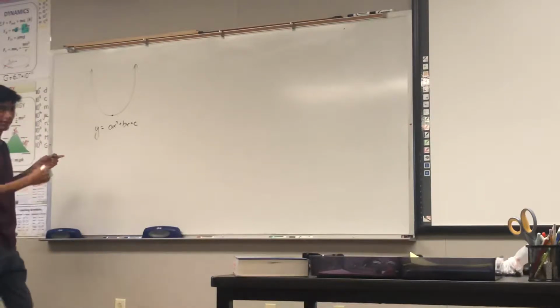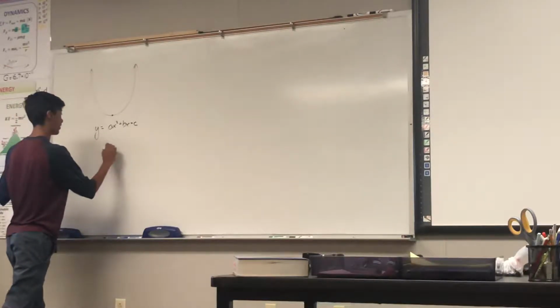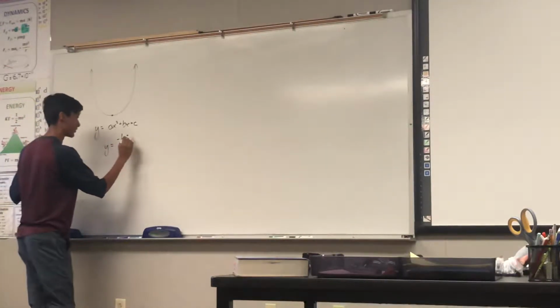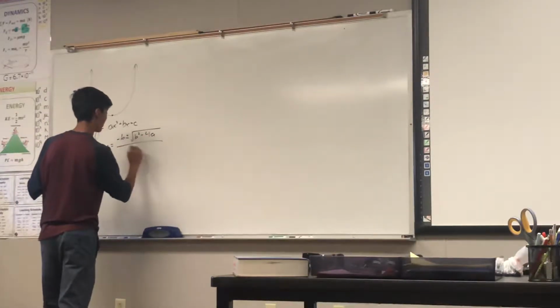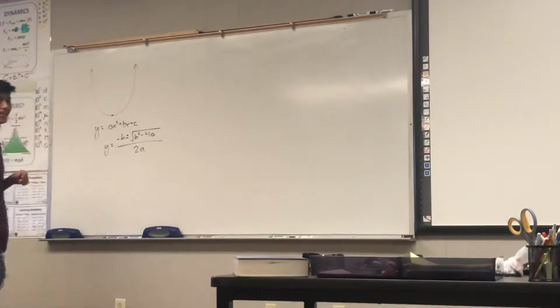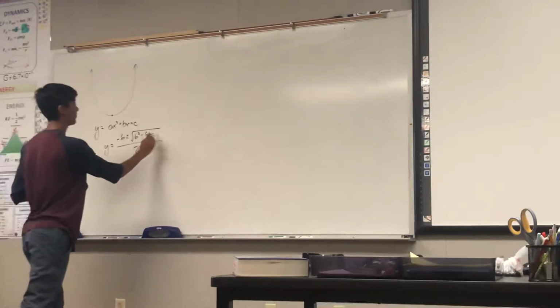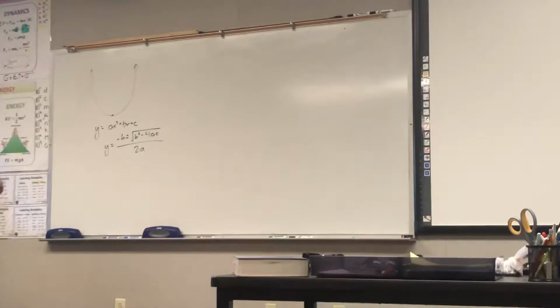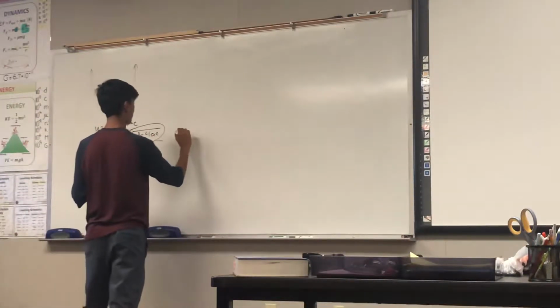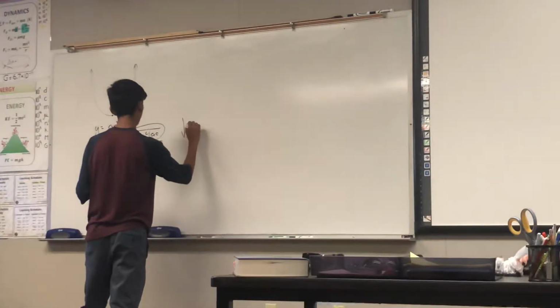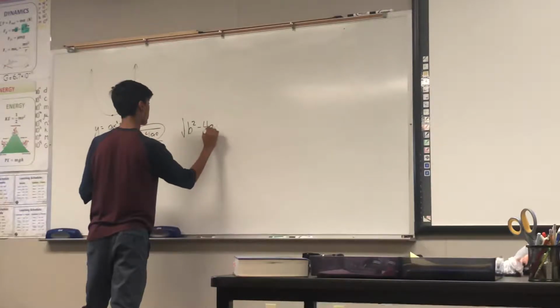The quadratic formula is x equals -b plus or minus the square root of b squared minus 4ac, all over 2a. The discriminant is this part. So it's just b squared minus 4ac.